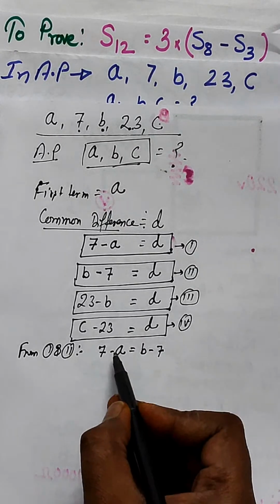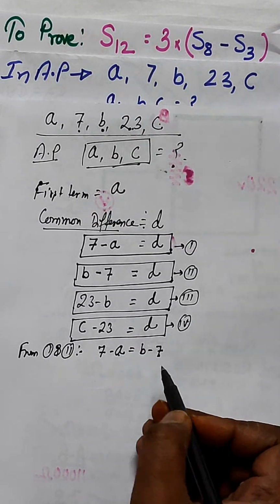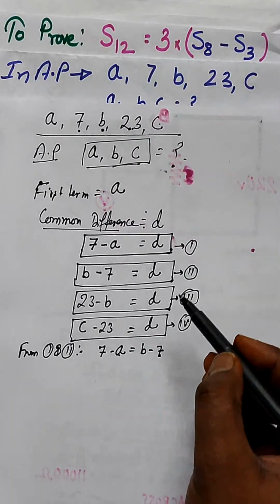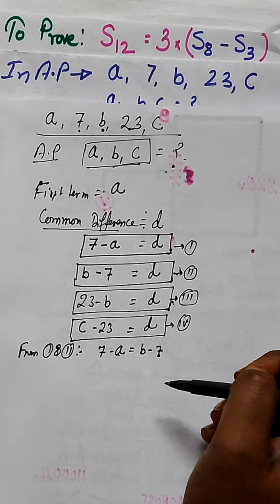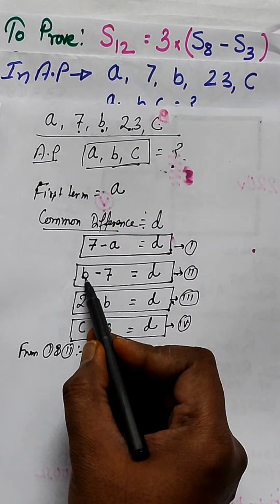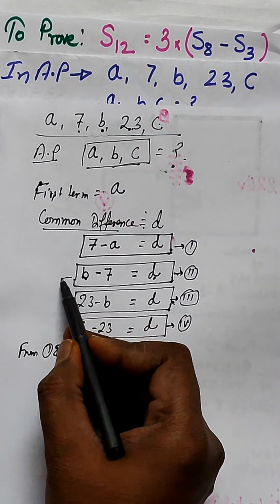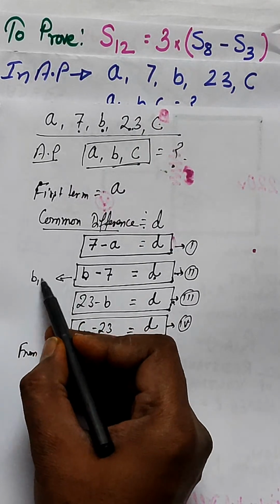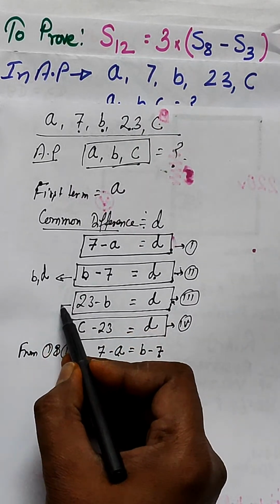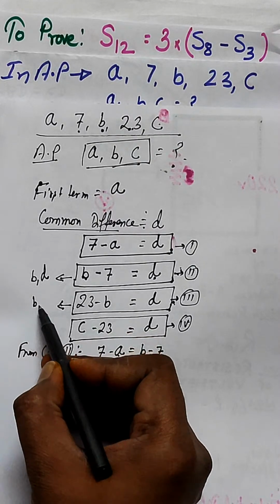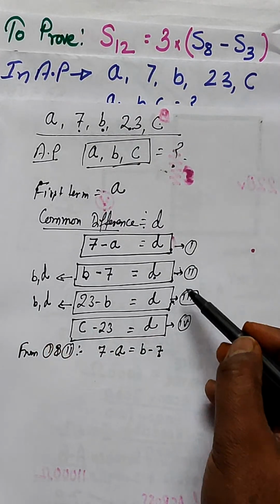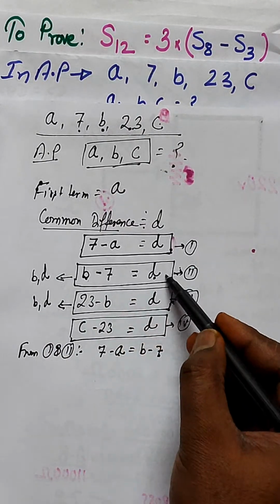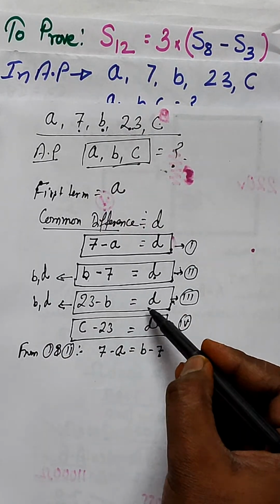So again we are having two variables A and B. So just use only those two equations where one of the variables can be eliminated. So here you can see B and D. This is an equation in two variables B and D, and this is also an equation in two variables B and D. So there are two equations here, B minus 7 equal to D and 23 minus B equal to D.